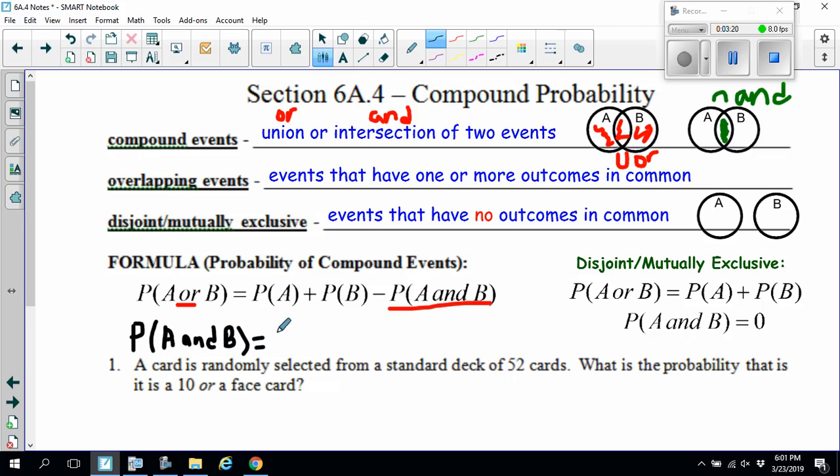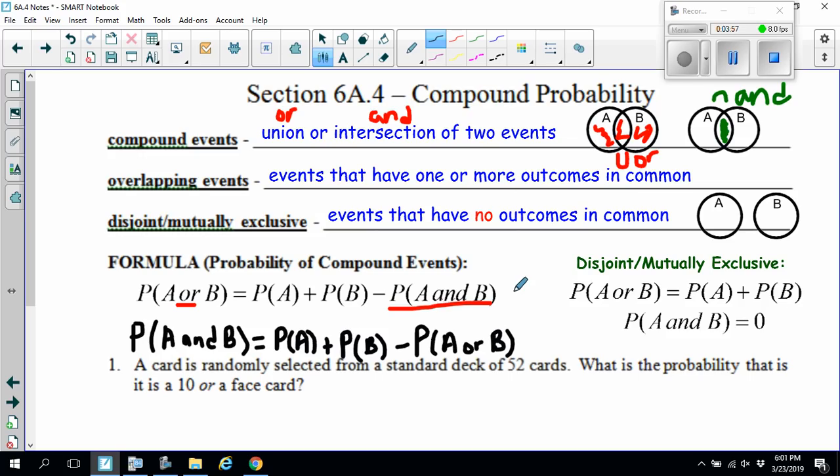We have the probability of A plus the probability of B, and in a similar fashion we're going to subtract, but in this case from the probability of A or B. Once again, what you're trying to do is subtract the double count. So we're trying to get rid of this little section and this little section of the Venn diagram, and really just making sure we get the in-between, or the intersection of A and B.